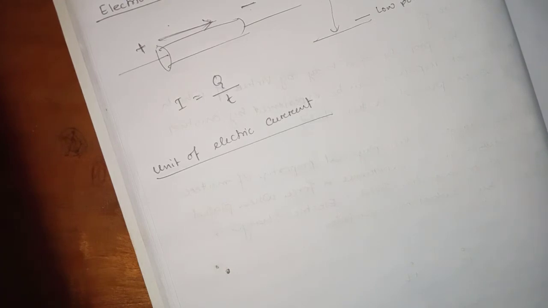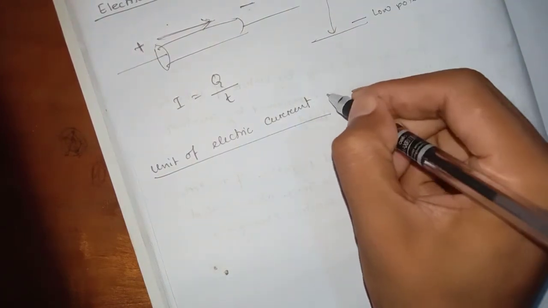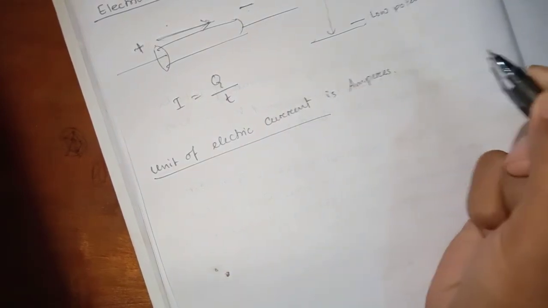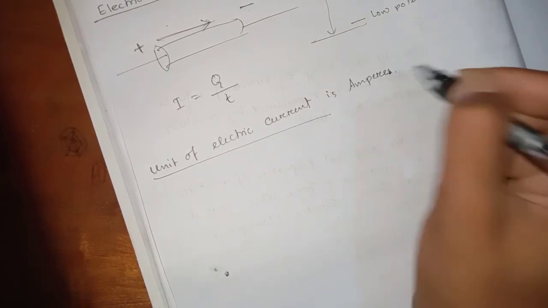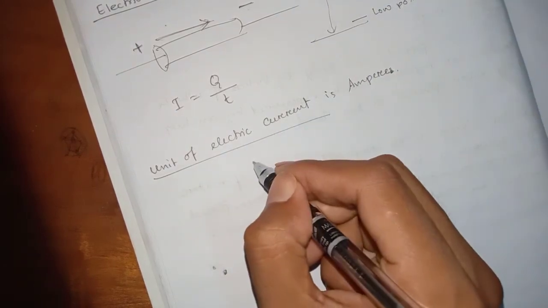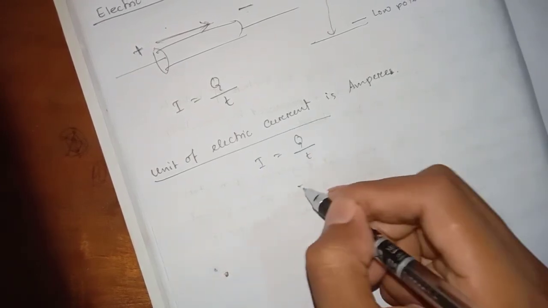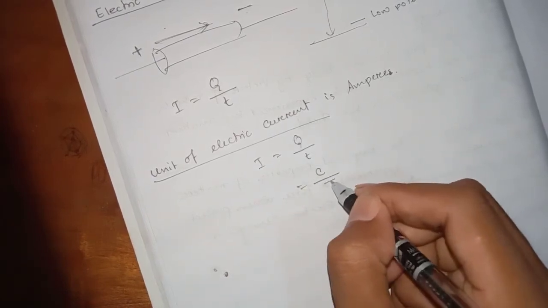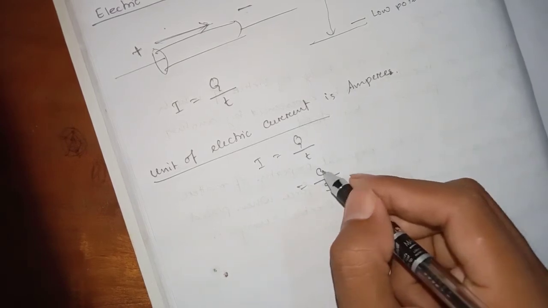Now the unit of electric current. What is the unit of electric current? The unit of electric current is the ampere. You see here I is equal to Q by T. The SI unit of Q is coulomb, and the unit of T is second, so coulomb per second.